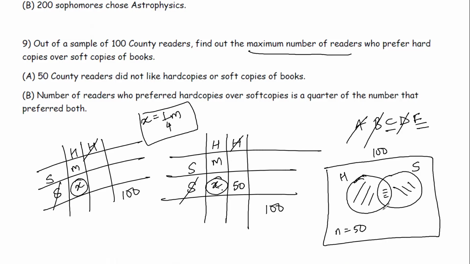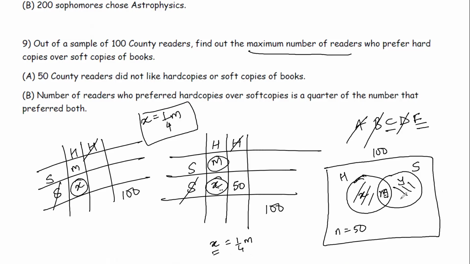So if everything within the circles, and we know that this is M, and X is, we need to find out this part. This is your X. So X is 1/4 M, correct? And the maximum number of readers who prefer hard copy. So we want a maximum X value. The maximum X value we'll get when we take this region, let's call it Y, as 0.